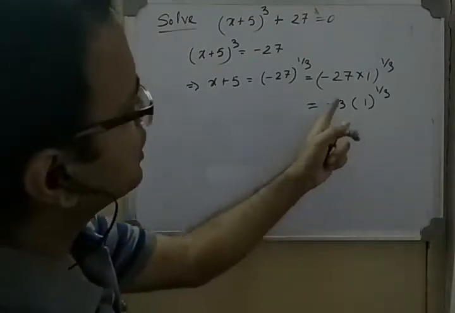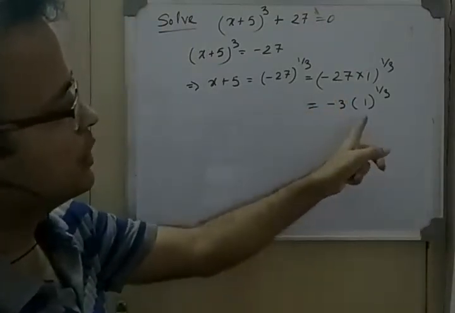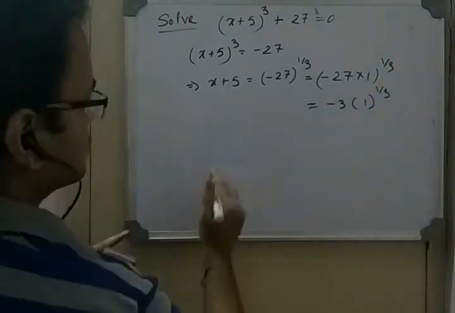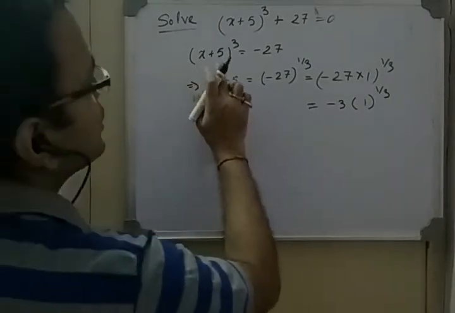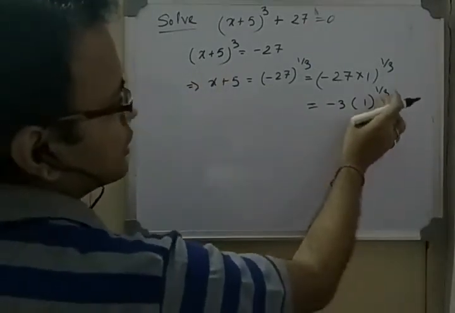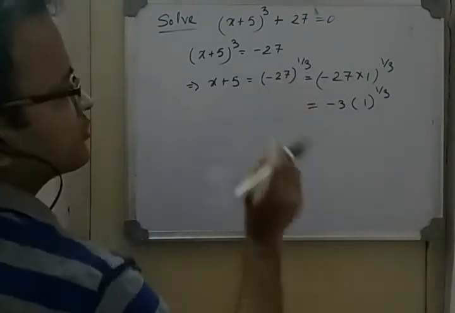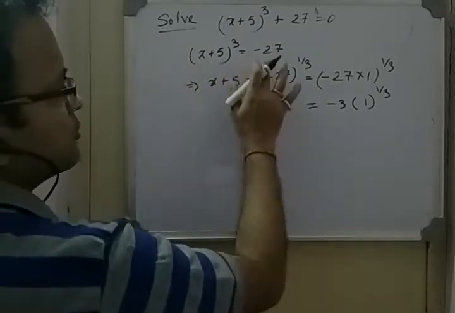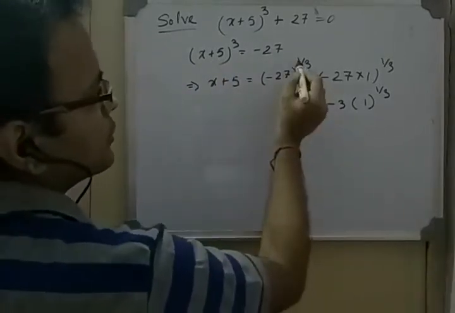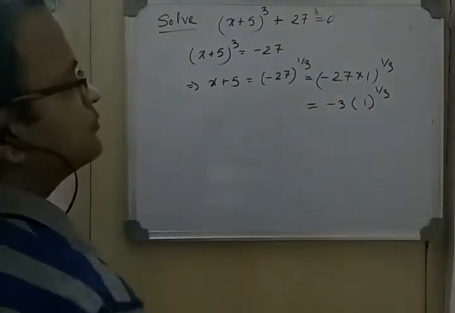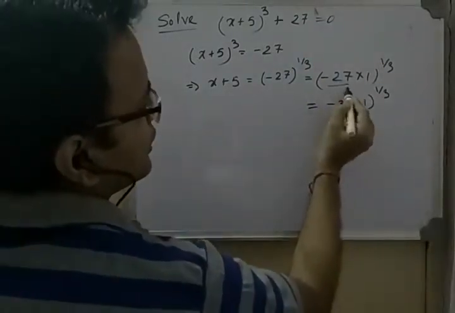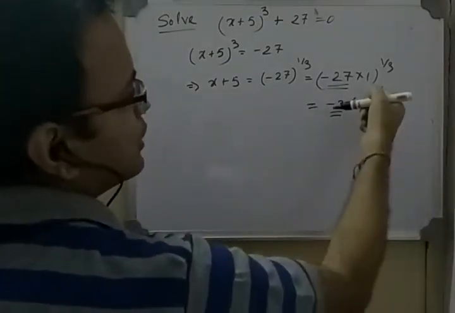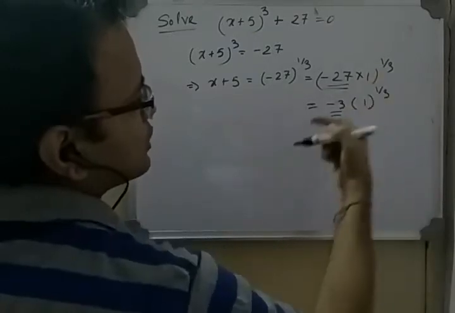See, I took out this minus 27 and kept 1 to the power 1 by 3. You may think, why am I doing it like this? Because the reason is, it's an equation. When I am taking the cube root of something, I should get 3 values, because it's an equation with x cube, so it will have 3 roots. So when I am taking the 1/3 of the value, it should give me 3 values. So when I am calculating this value, it's permitted to put this, and if we keep 1 to the power 1 by 3.